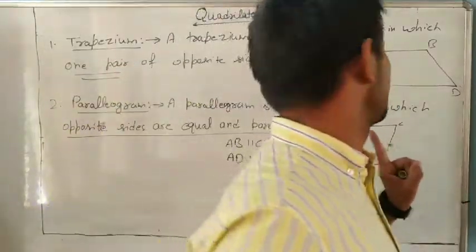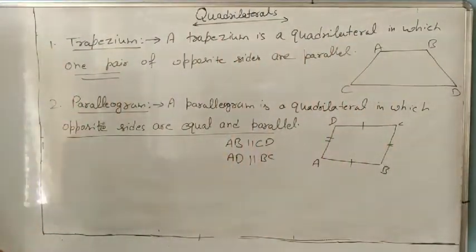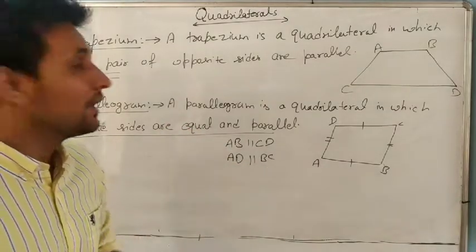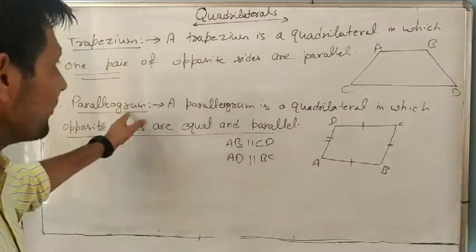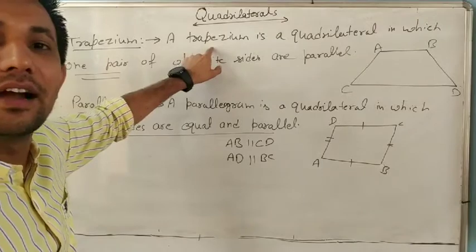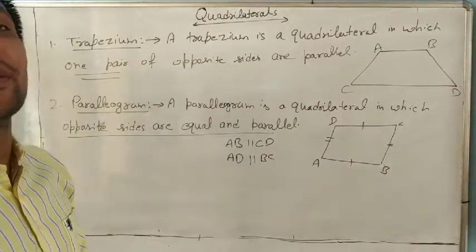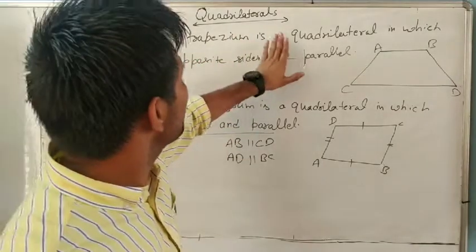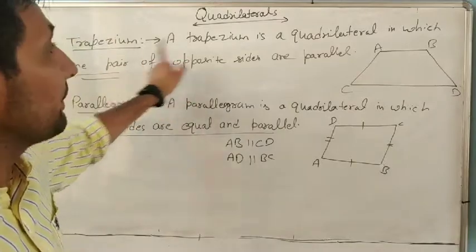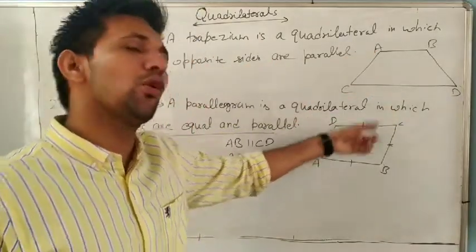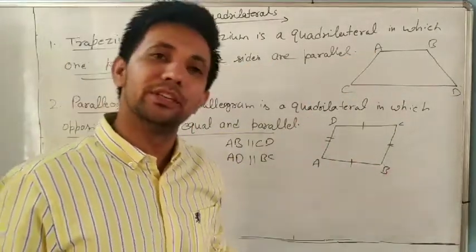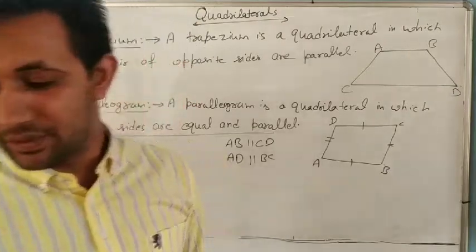Very important it is. So it means every parallelogram is always a trapezium. Why? Because in a trapezium there is only one property: only one pair of opposite sides. Here both pairs of opposite sides are parallel, so it is also a trapezium.